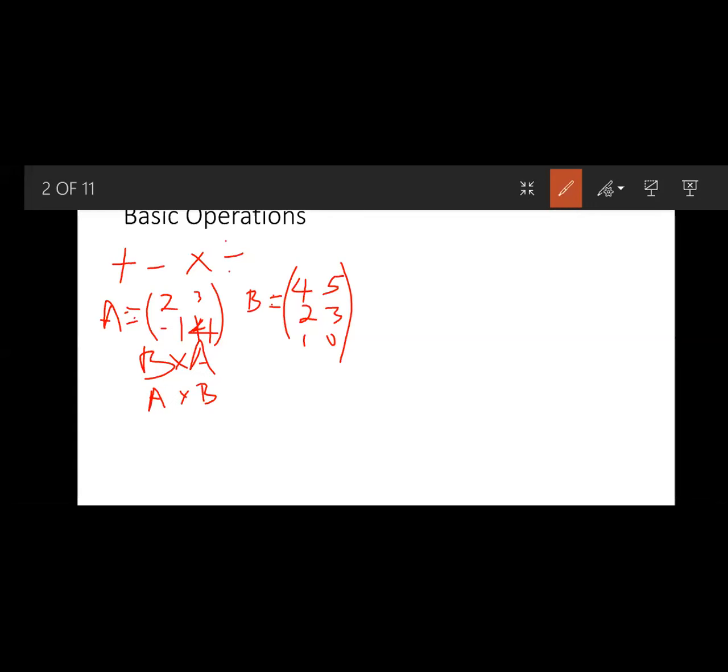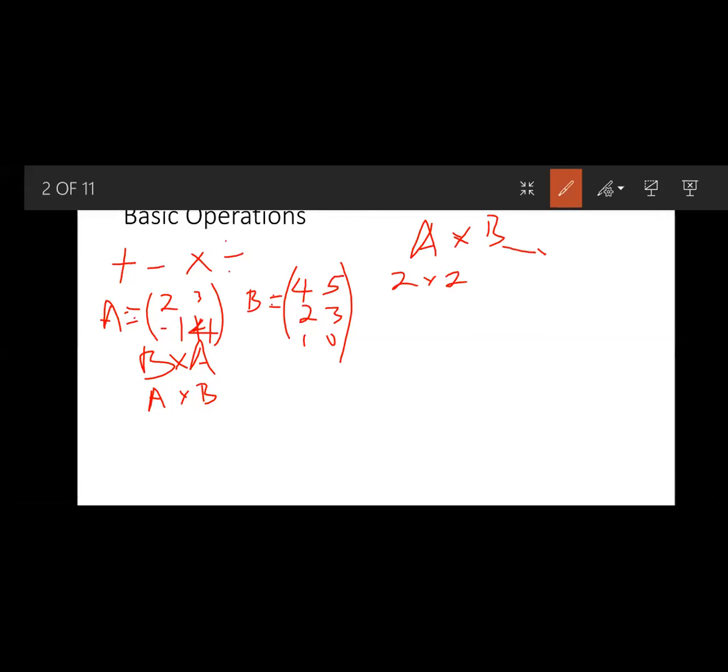Okay. Where you didn't get it well. Now, before you can multiply matrices together, the column of the first must be equal to the row of the second. Look at this now. This is for A times B. The dimension of A is 2 by 2.